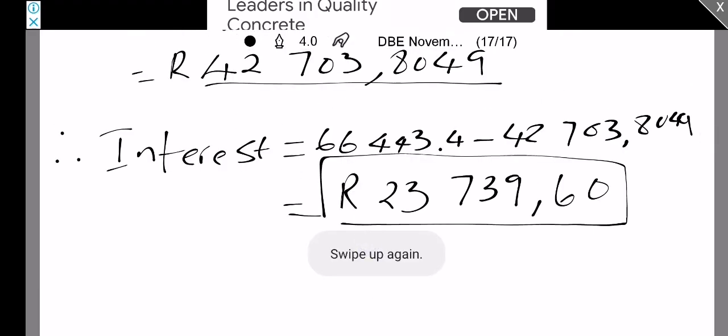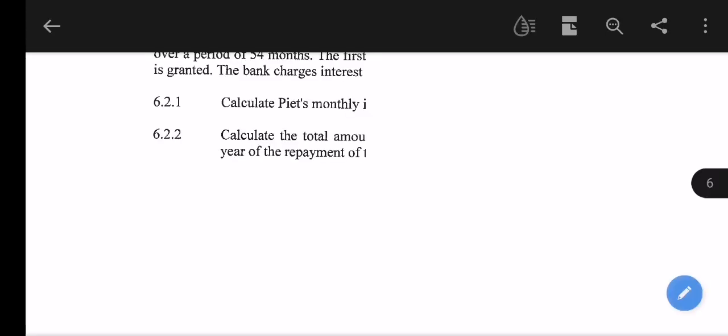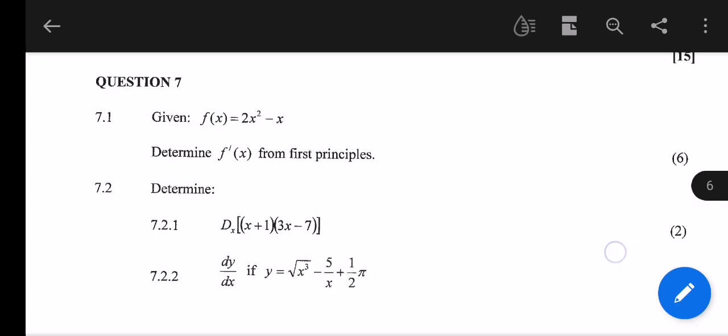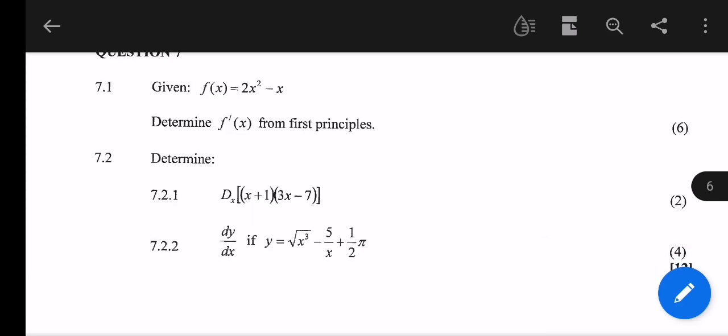Okay, I'm now going to continue to question 7. Question 7, given f of x equals 2x squared minus x. Guys, I'm a little bit tired. It's been more than an hour already.